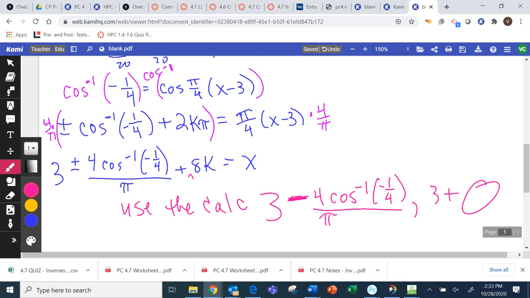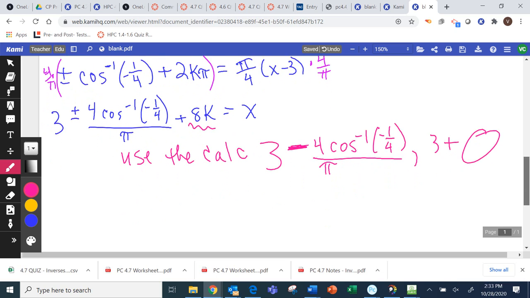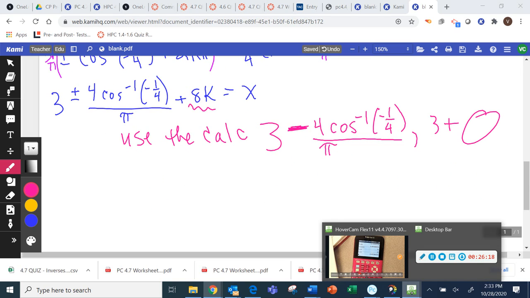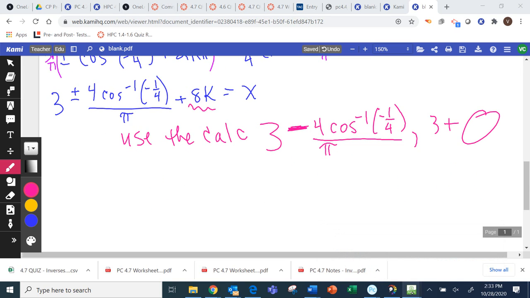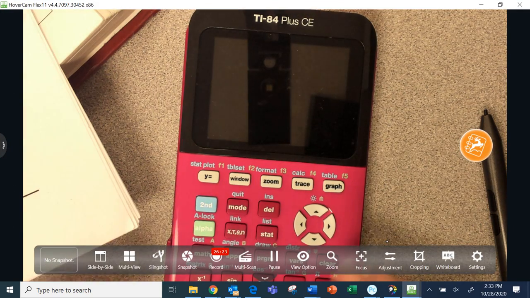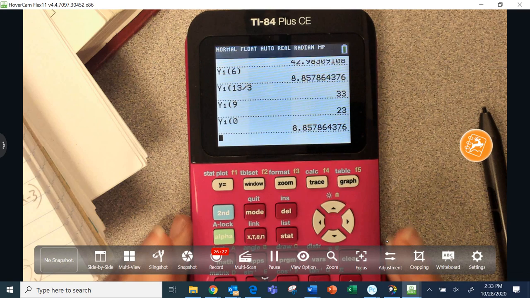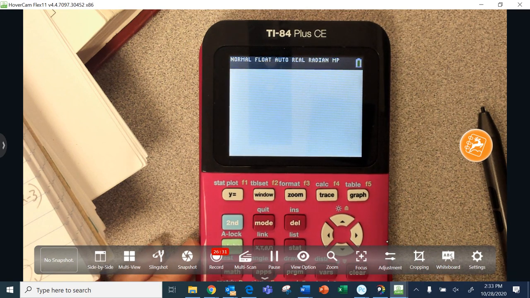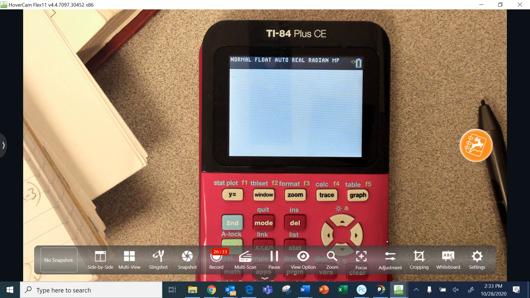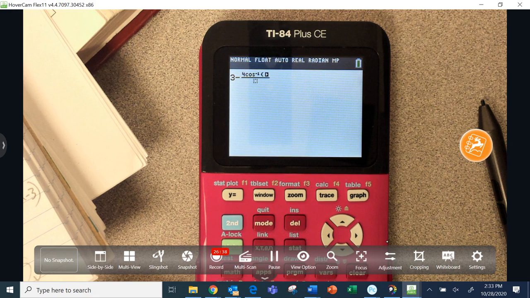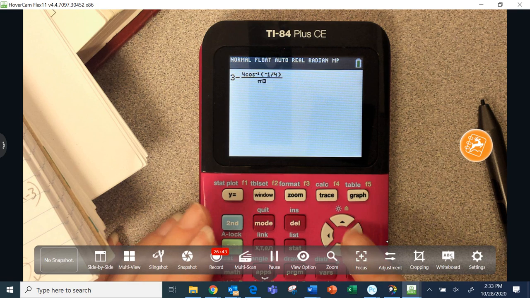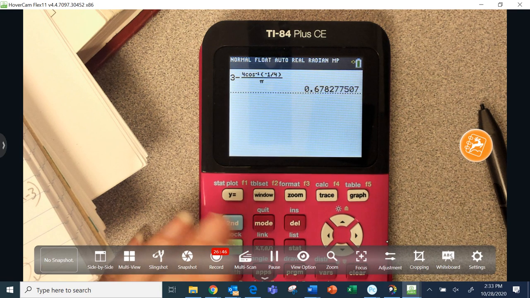After that, we'll see if we need to add on a 2k or not. So 3 minus inverse cosine negative 1/4 over pi, and I'll do the same thing with plus.